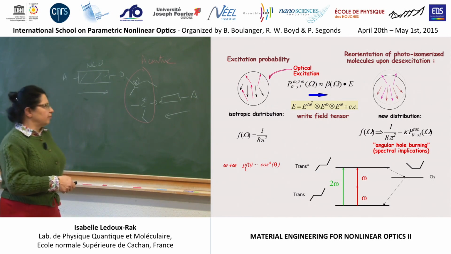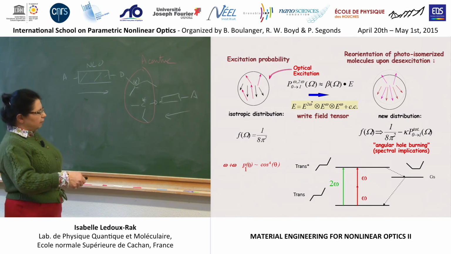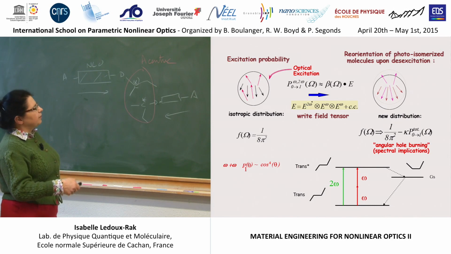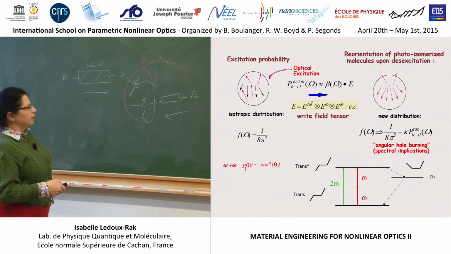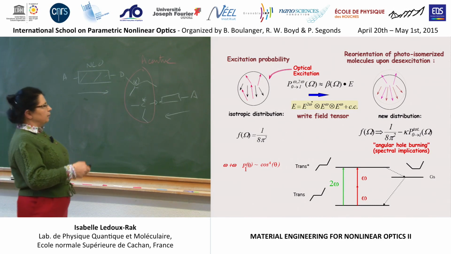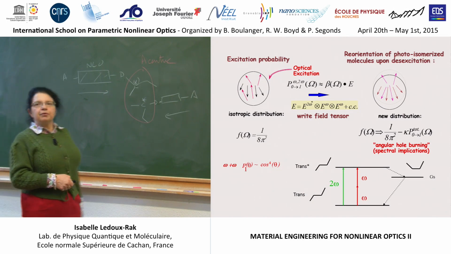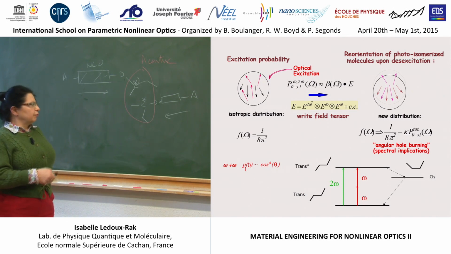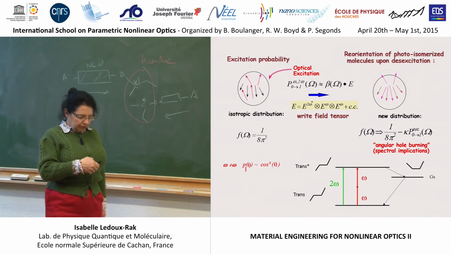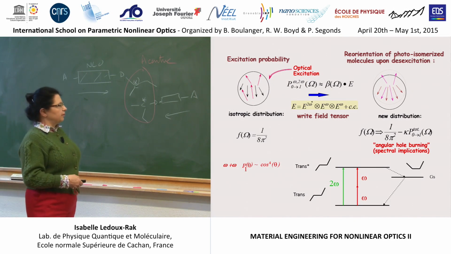It can be shown that the excitation probability is proportional to cosine to the fourth power of theta, where theta is the angle between the average orientation of the polarization and the molecular axis. And this distribution corresponds to a centrosymmetric distribution. If you average the cosine to the fourth over all possible orientations, you have a centrosymmetric system.